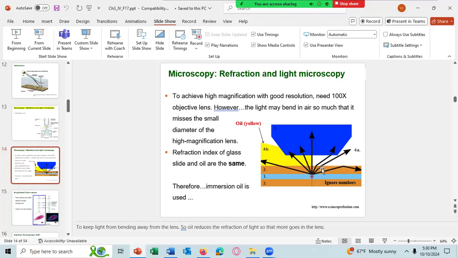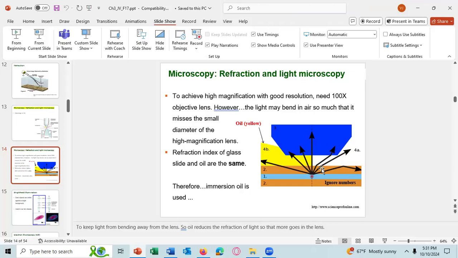So if you're using oil, more light rays will enter the objective lens, and then the resolution of the microscope will be better. So you get greater resolution if you use oil, and it's simply due to the fact that you're capturing more of the light rays.